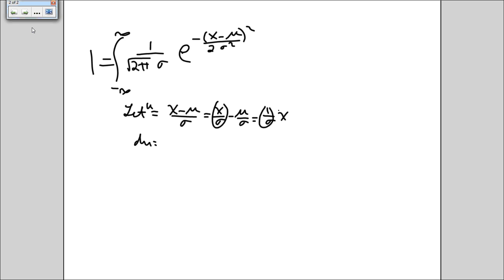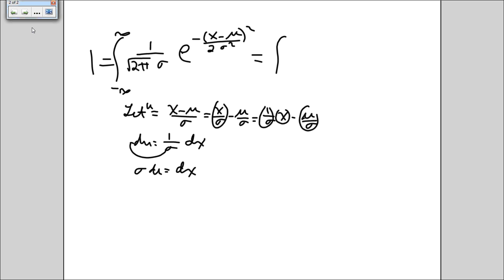The derivative of a constant times x is just the constant, minus mu over sigma is just a number. The derivative of a number is 0. So du will just be 1 over sigma dx, or multiplying both sides by sigma, sigma du is equal to dx. So let us make these changes.